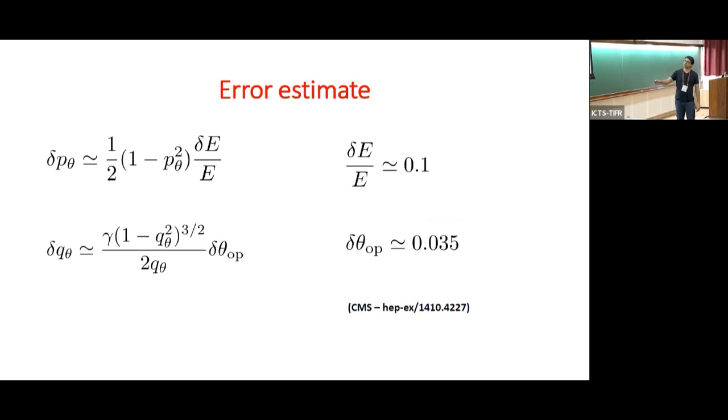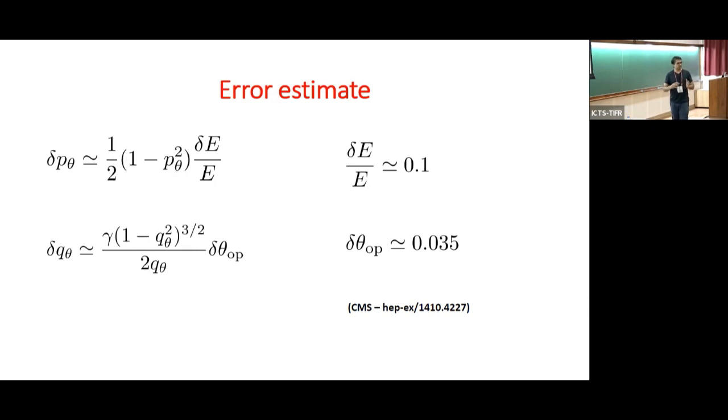So this is the error on that proxy variable P theta. The error would come from how well you can measure the energies of the subjets, because P theta is constructed by an energy difference between the subjets. So that error would be some order 1 factor times the error resolution of the subjets, okay?